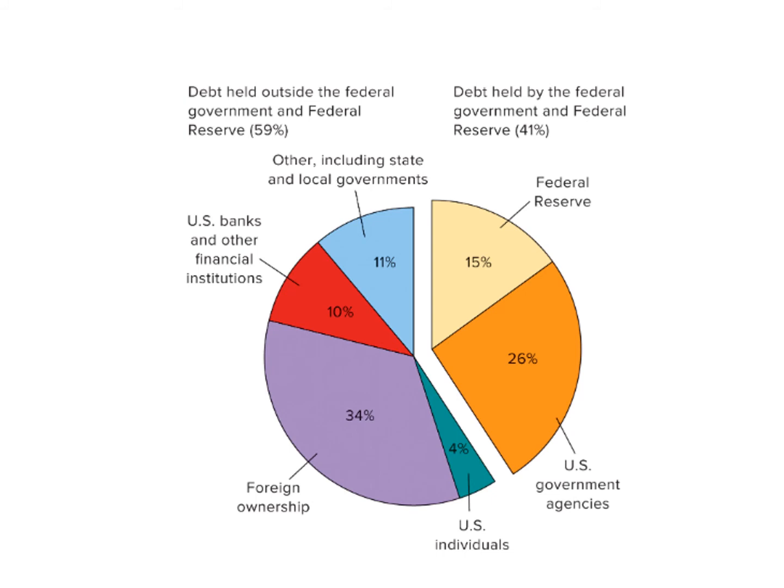In 2019, federal government expenditures were roughly $4 trillion. Federal government tax revenues were roughly $3 trillion. So that meant for 2019, the federal government ran a budget deficit of $1 trillion. Well, how does the government finance the federal budget deficit? The federal government borrows money. They issue debt in the form of bonds.